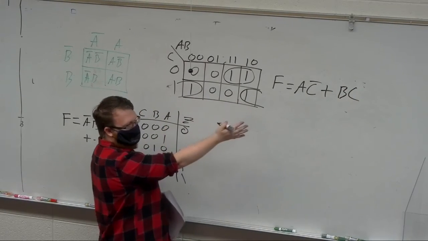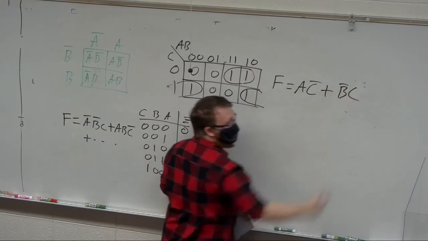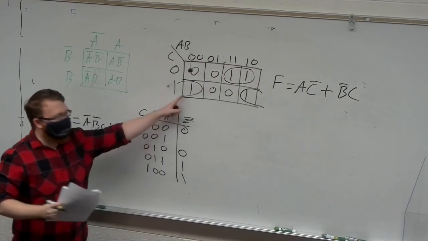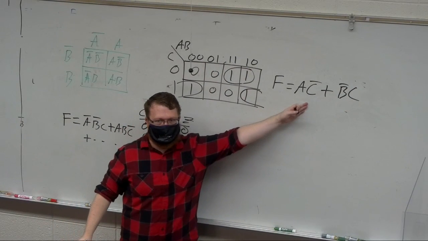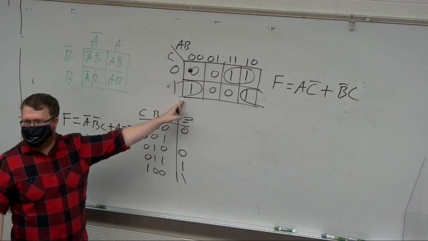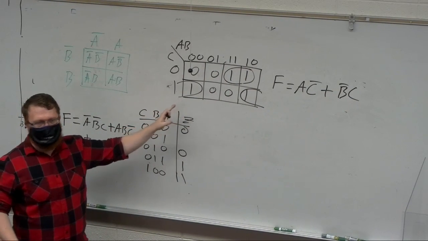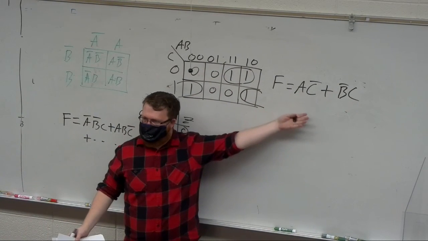Well, C is C, we're good, and B is not B. Once we have all these ones circled, we're done. That's the expression. So we could have had 4 OR terms, each with 3 terms in it, right? Or we go right to that. How nice is that, right?